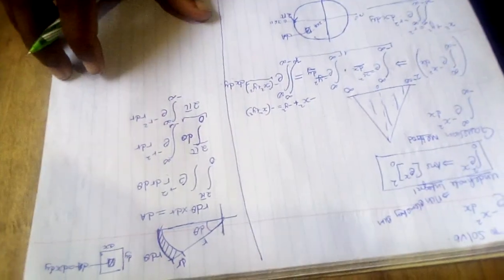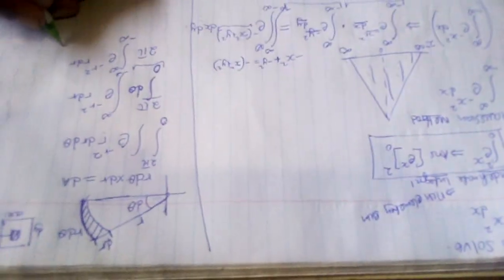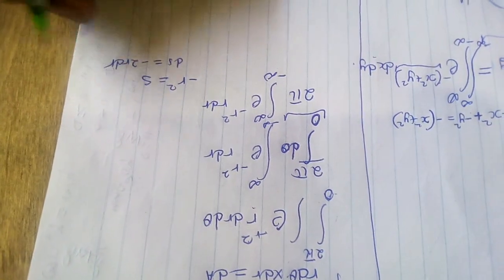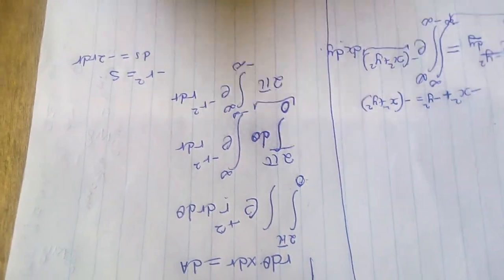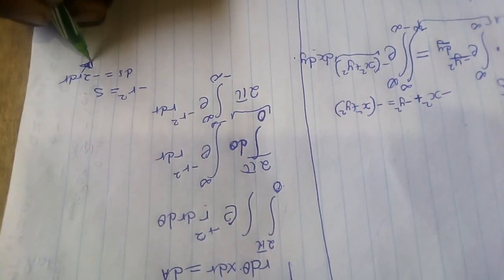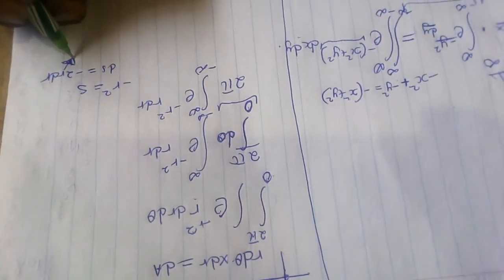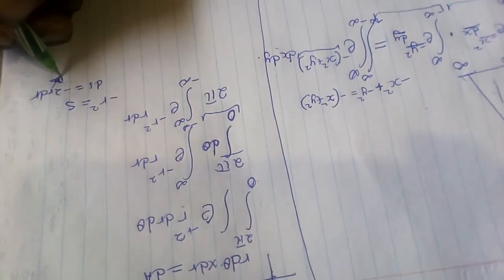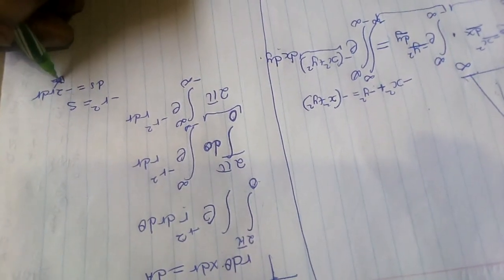So we are going to assume that negative r squared is equal to s. Negative r squared is equal to s, so our ds will be equal to negative 2r dr. Then the r here is a Jacobian factor, which appears because of the transformation to polar coordinates.